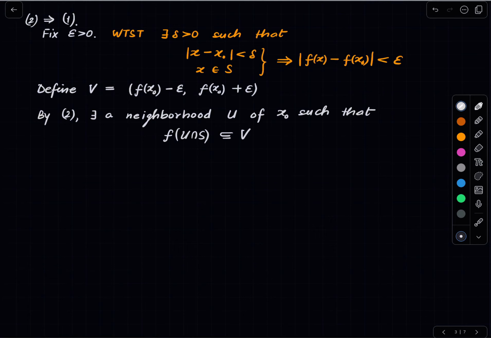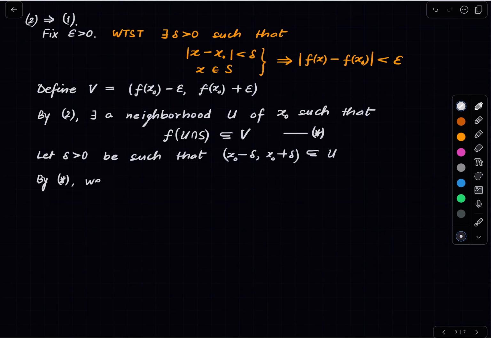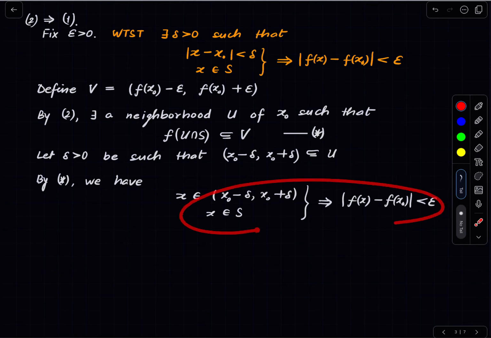But since U is a neighborhood of x0, we can find a positive delta such that this is contained in the set U, and therefore from star we have the thing that we wanted to prove. So this is exactly the same as the orange thing, and that's it. So 1 and 2 are equivalent, and that is a nice reformulation of the notion of continuity. All right.